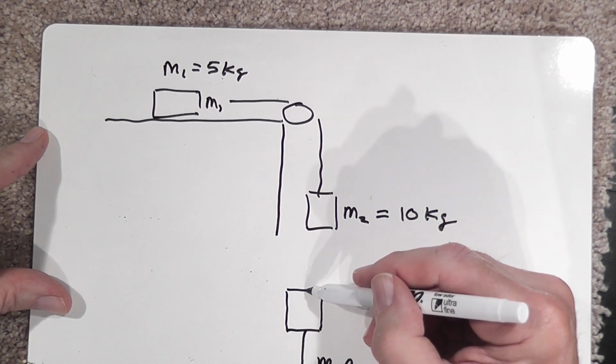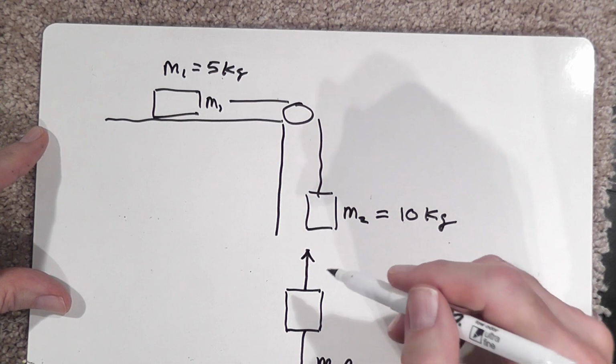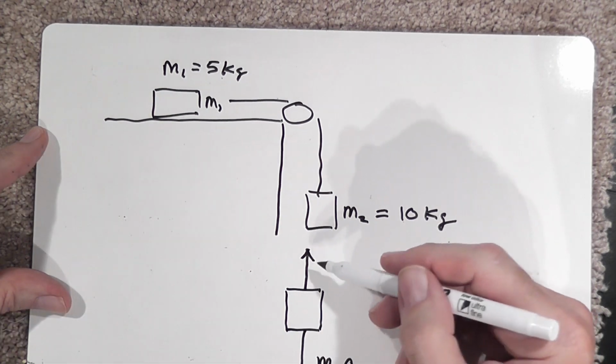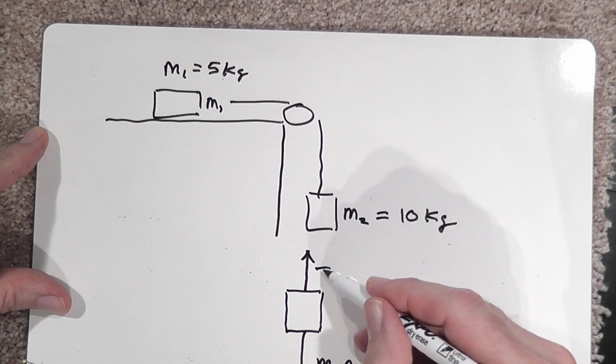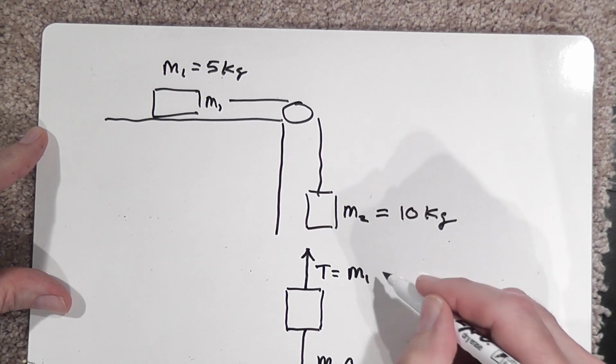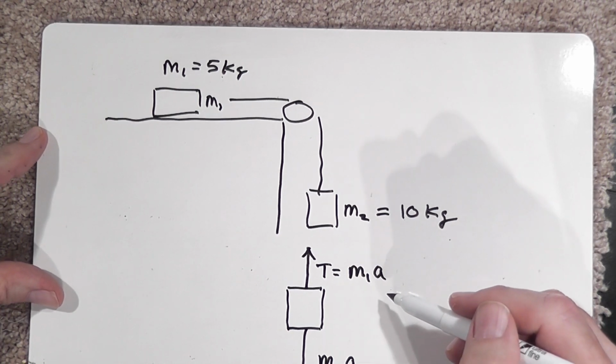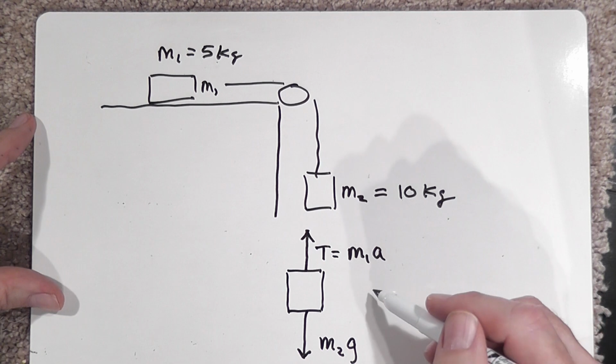And then we also have to draw in the vertical what the force is on this side. It actually is the tension, which is coming from M1 times some acceleration. We don't know what that acceleration is. We want to try to find that acceleration.